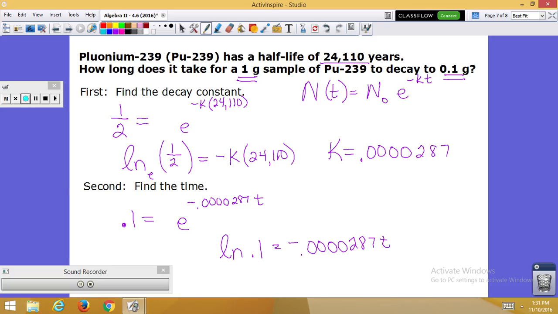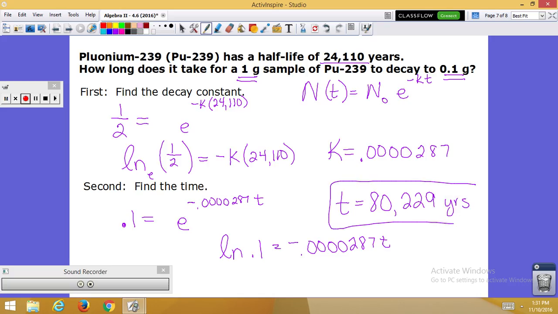On your calculator, type the natural log of 0.1 and then divide that by negative 0.0000287. We should find out that it's going to take about 80,229 years for our plutonium to decay to 1/10 of its original amount.